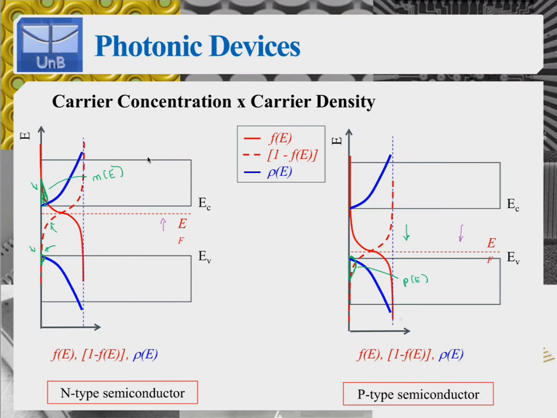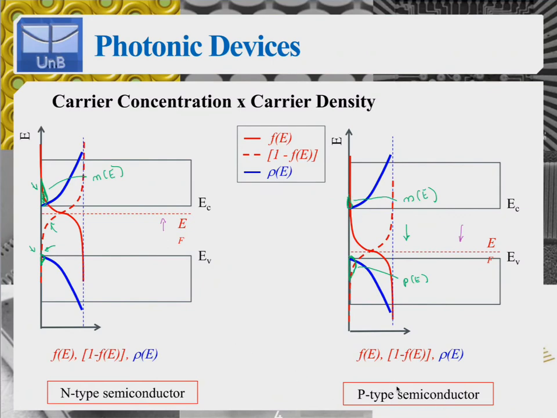You have more holes. It's a p-type semiconductor with acceptor impurities which introduce holes into the semiconductor. And if you take the product of the Fermi distribution by the density of states in the conduction band, now you get something small here. So N of E is small in the conduction band for a p-type semiconductor.